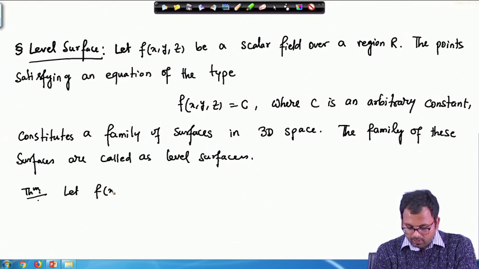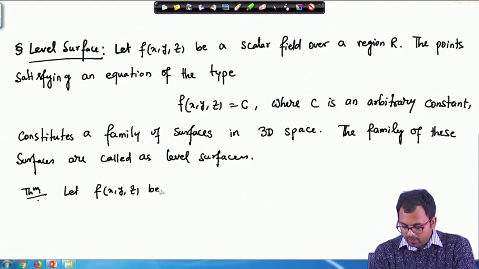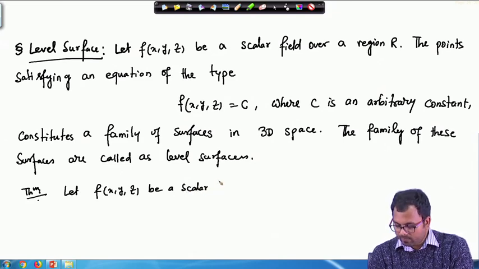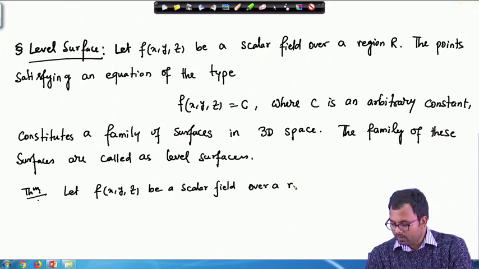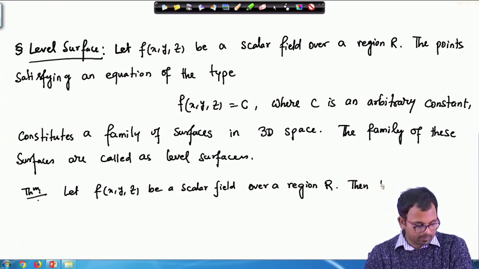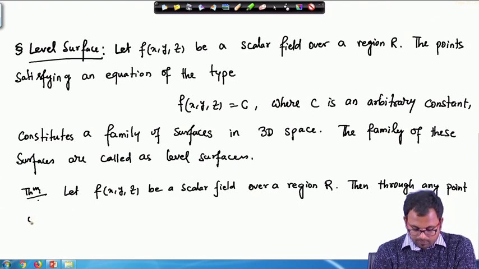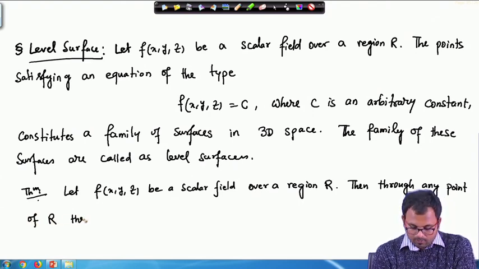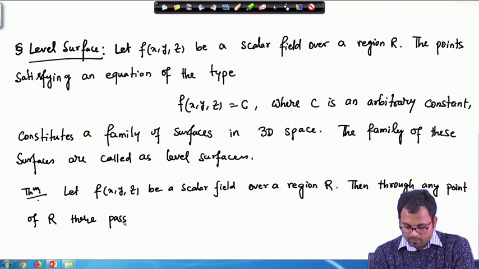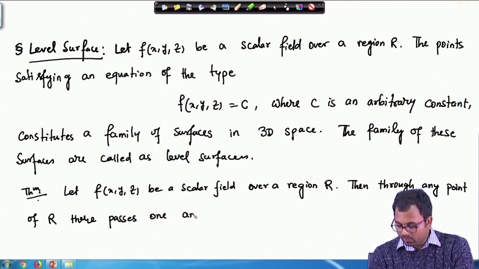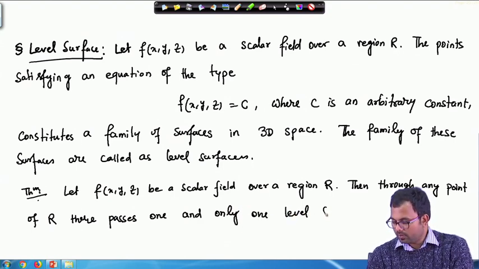Let f(x, y, z) be a scalar field over a region R, then through any point of R there passes one and only one level surface.